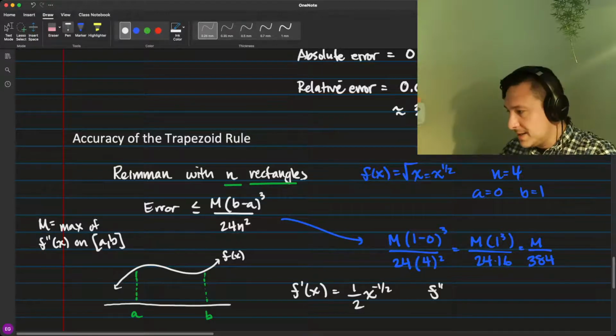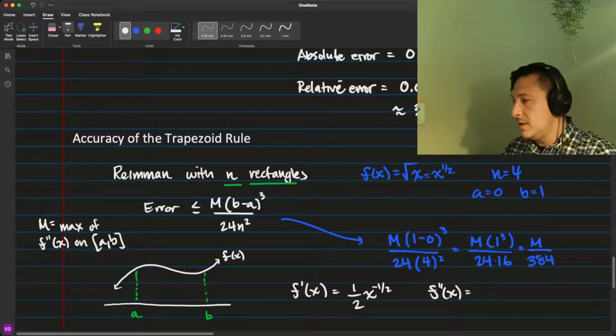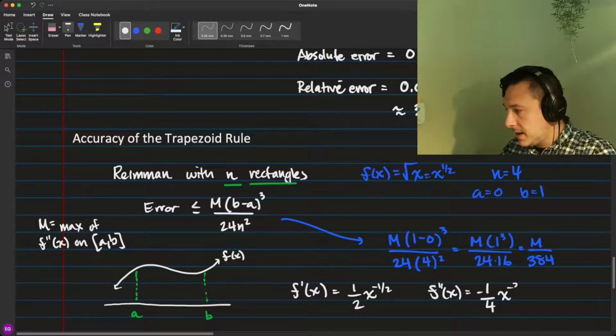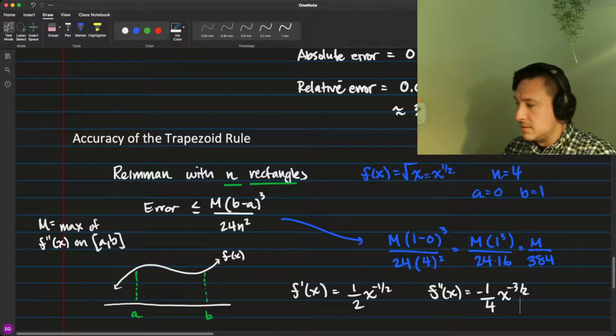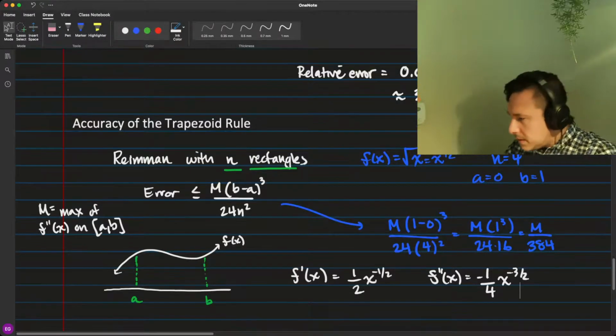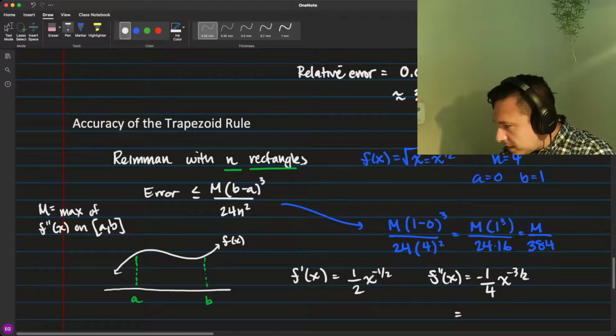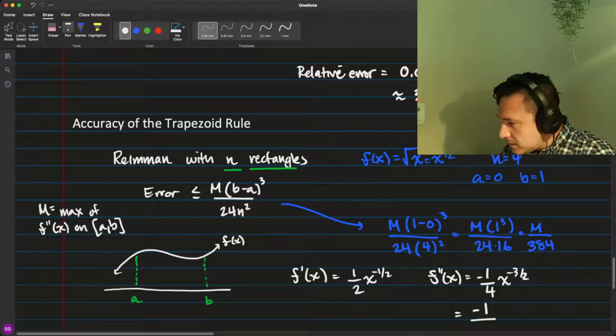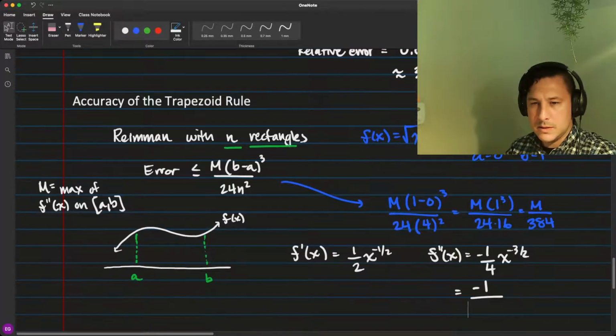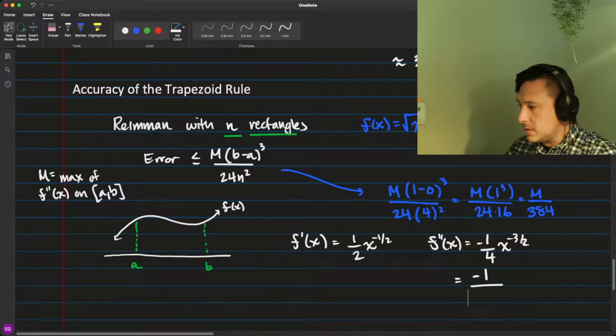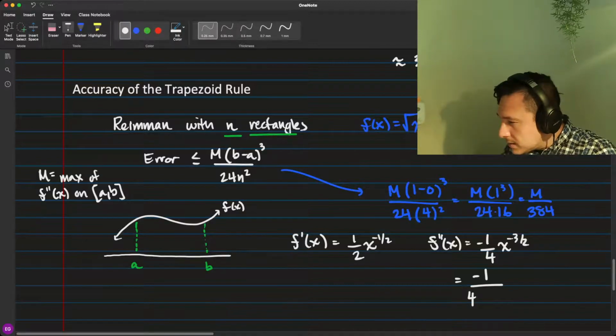And if you take the second derivative, you get minus 1/4 x to the minus 3/2, which if you redraw that, is minus 1 over 4 times the square root of x cubed.